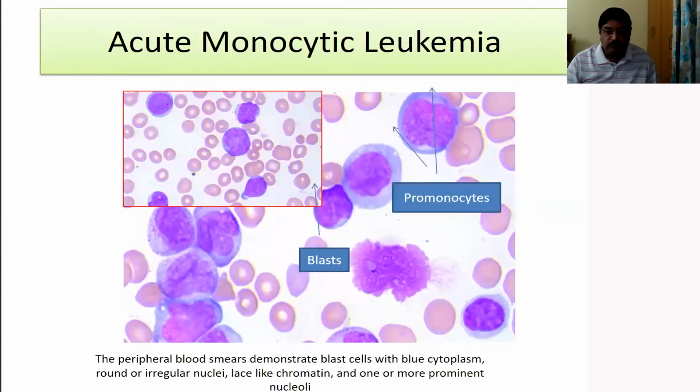So when you come to a little morphologic deviation, sometimes these acute promyelocytic leukemias can have bilobed nuclei, and they will look like monocytes or monocytoid. So here comes the importance of flow cytometry and the importance of cytogenetics.